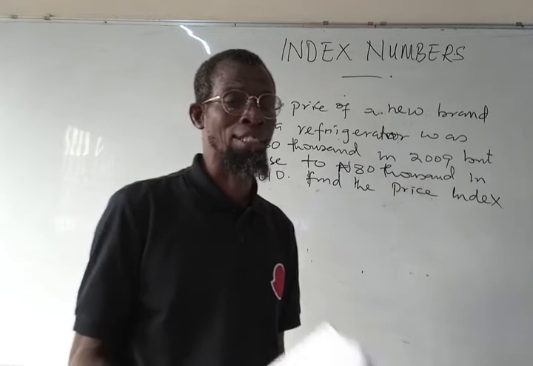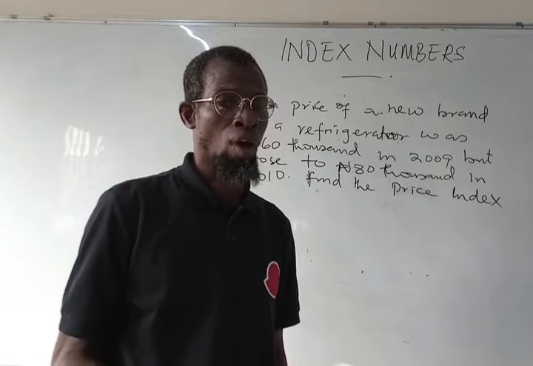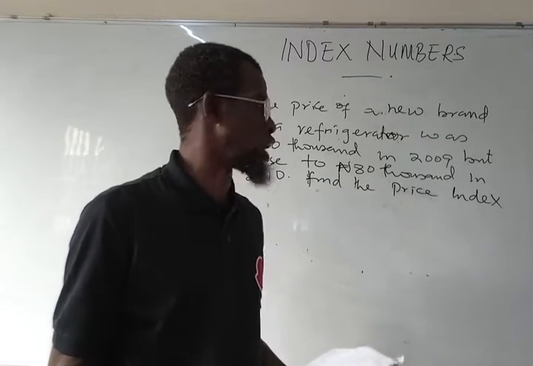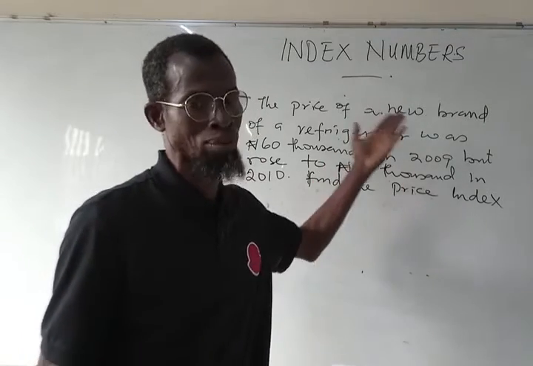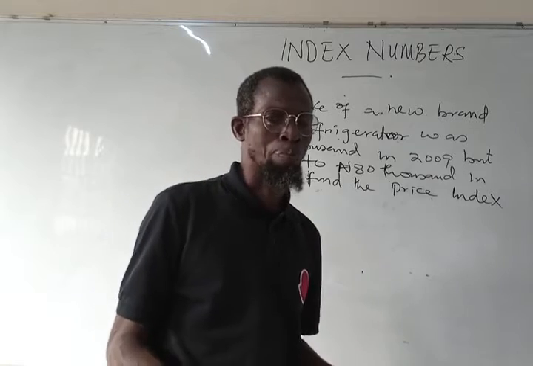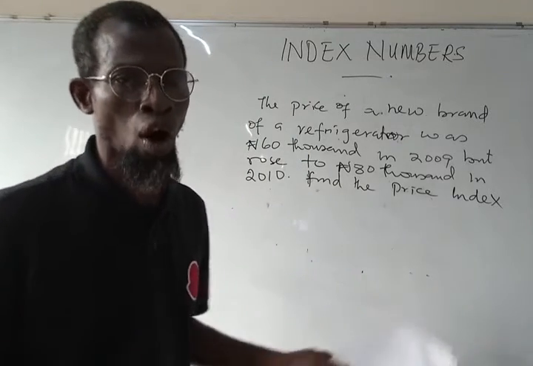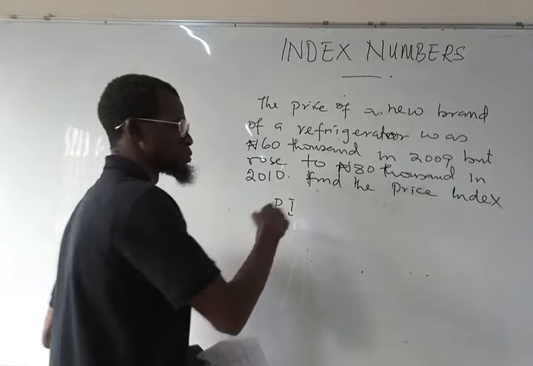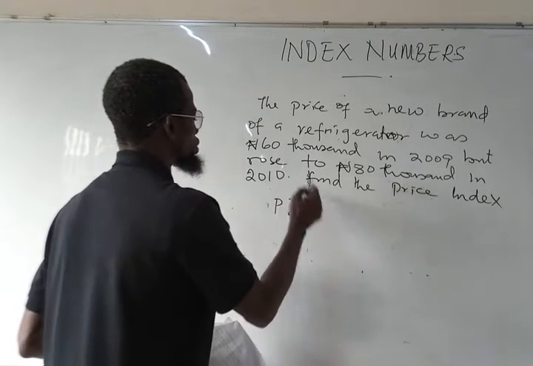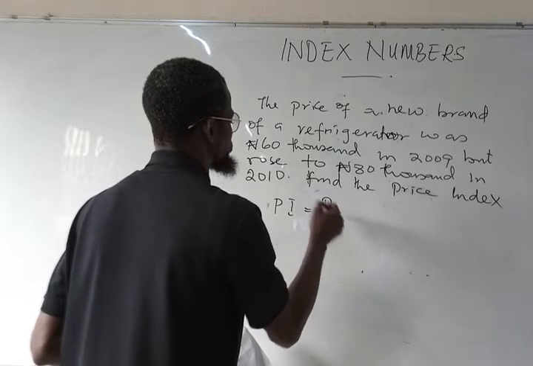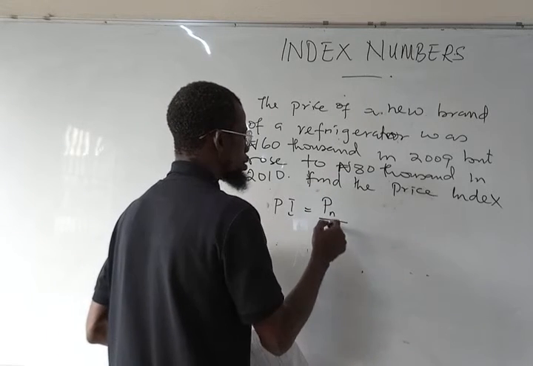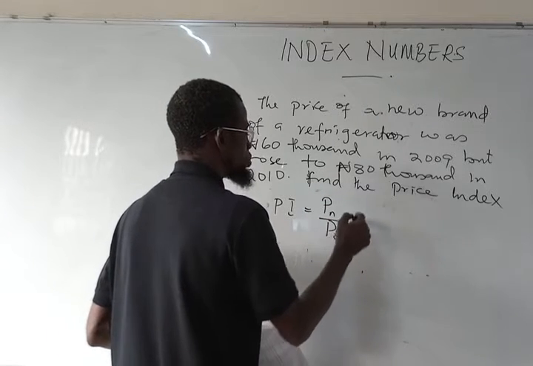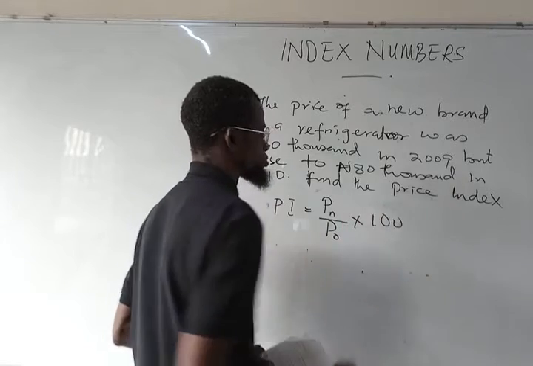To find the price index, because we are given price and not quantity, we use the price index, PI, which equals PN all over P0 times 100.